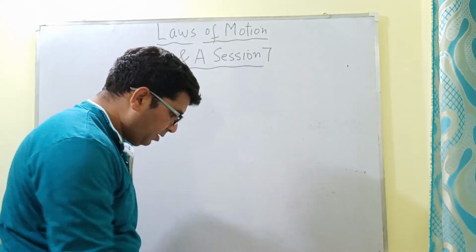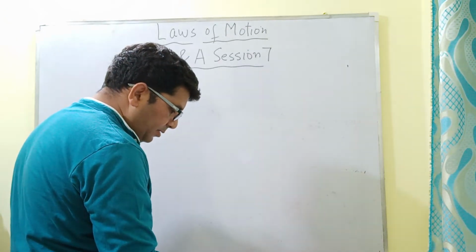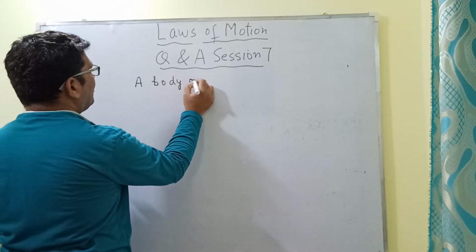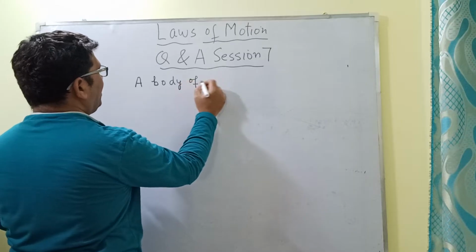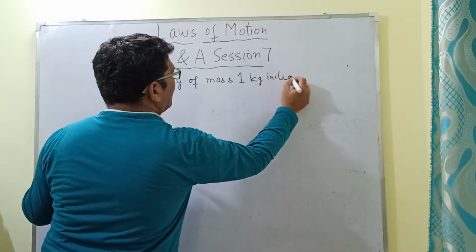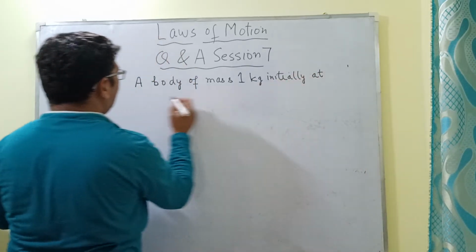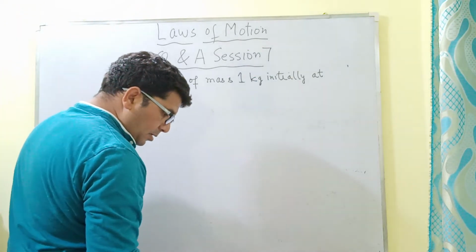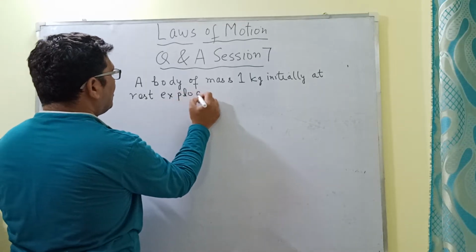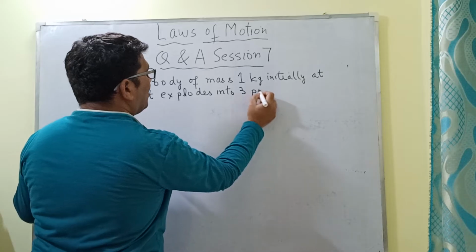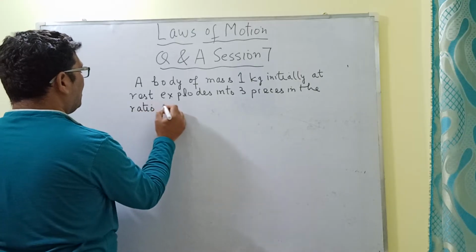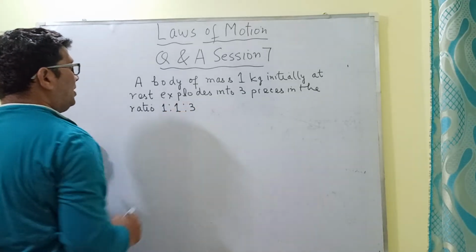The second question is, a body of mass 1 kg initially at rest breaks into 3 pieces or explodes into 3 pieces in the ratio 1:1:3.